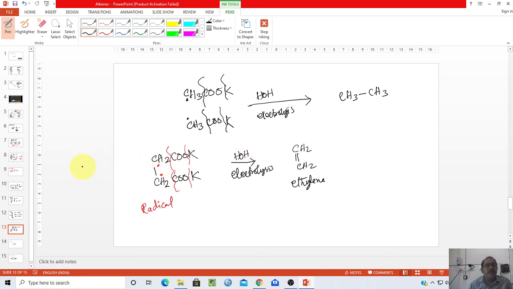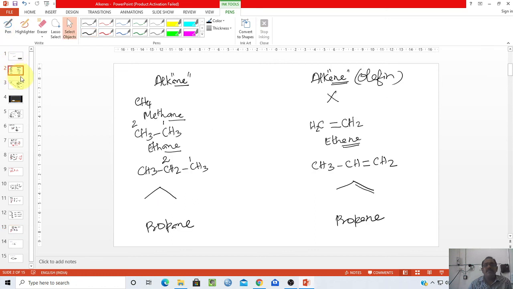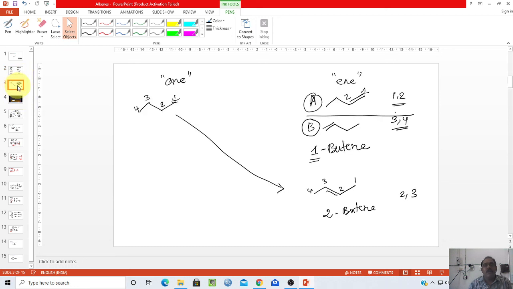So there are three preparations we have seen. The lecture started with differentiating between alkane and alkene, and also we have seen up to 5 carbon systems.